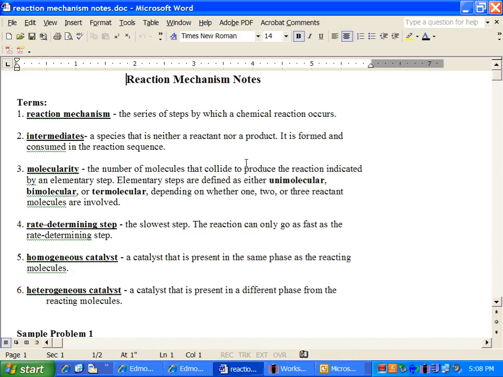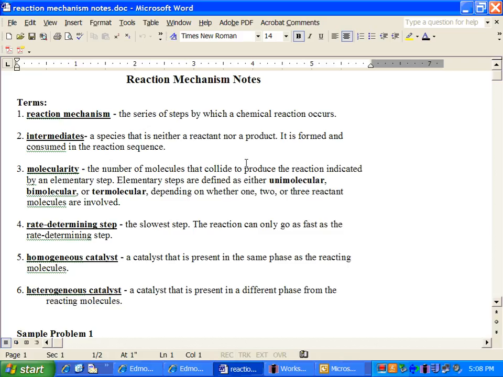Reaction mechanism actually is looking at all those individual things that might have occurred between the point that you got up and you came to school. And so maybe you ate breakfast and you brushed your teeth. All those individual things is what a reaction mechanism is looking at, all the in-between little steps.